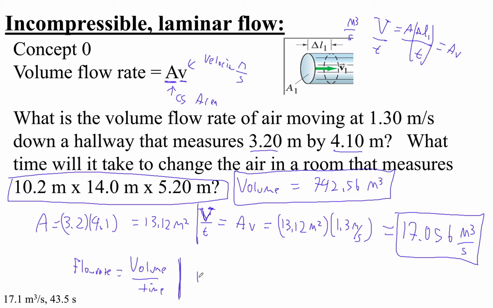So time is going to be the volume, 742.56, divided by the flow rate. This is cubic meters, and this is how many cubic meters go out of the room every second. So I'm just going to go that divided by this and get 43.5 seconds.